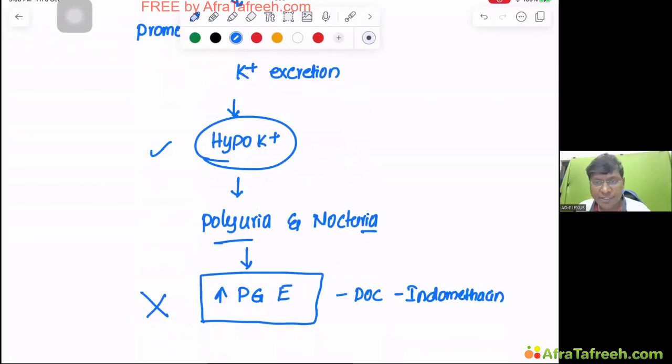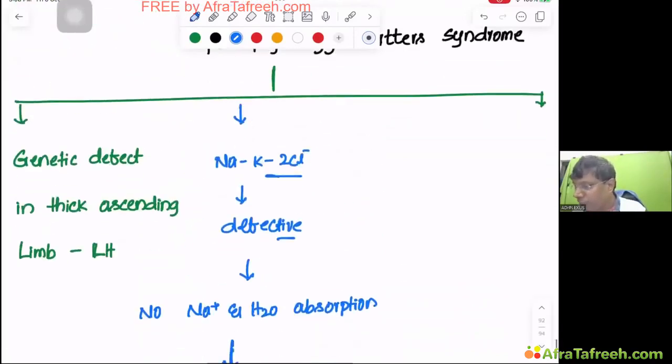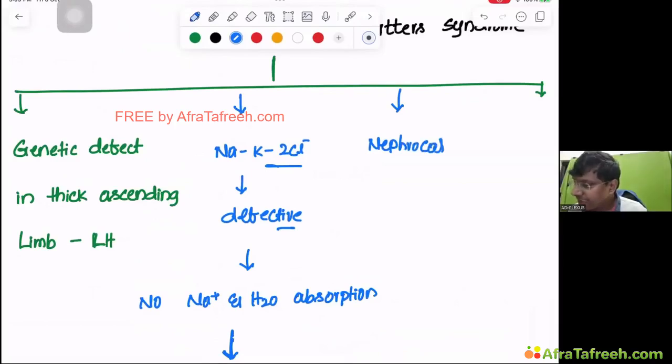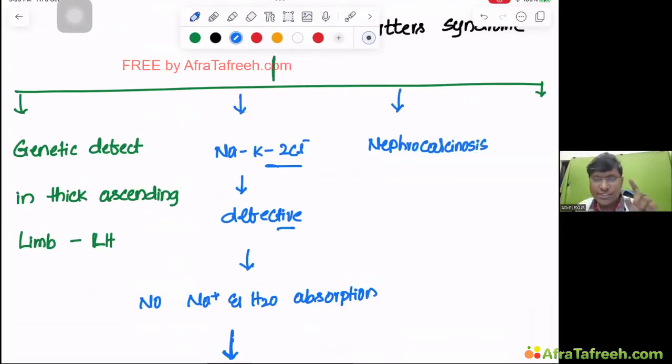And another important point in these patients with Bartter syndrome is that they will have nephrocalcinosis. I'll tell you the reason or the mechanism why they will have nephrocalcinosis. You see, in patients with Bartter's, there is impairment of the electrical neutrality.